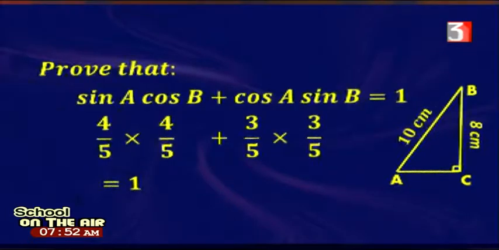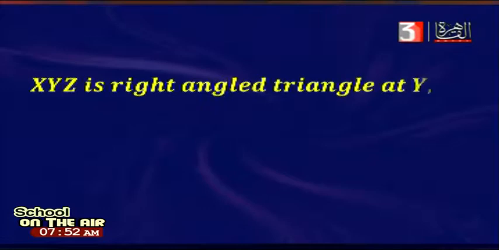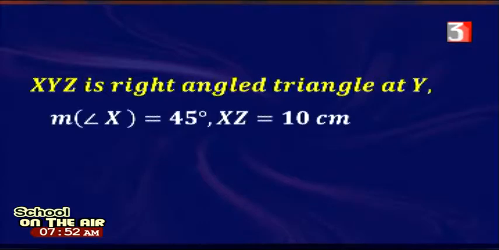Let us have another example. XYZ is right angle triangle at Y. Measure angle X equals 45 degrees and XZ equals 10 centimeters.